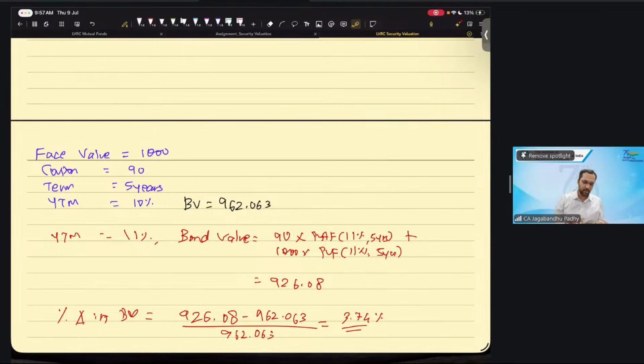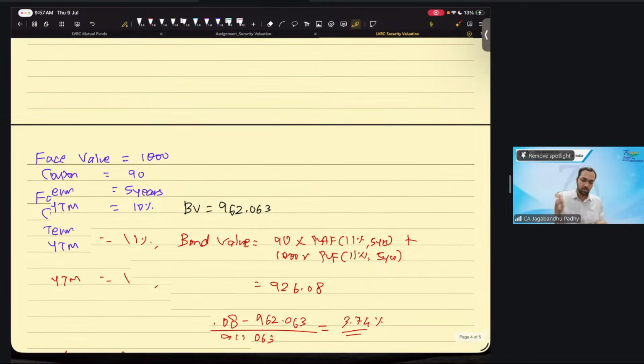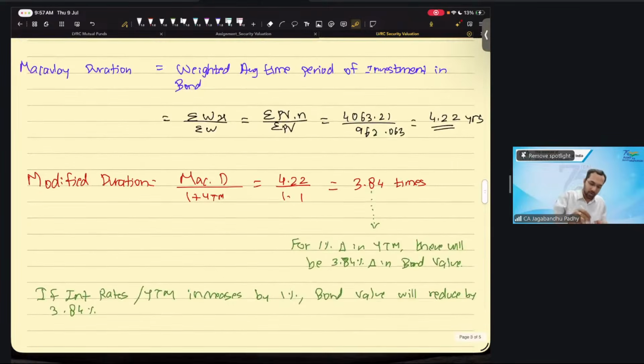And with this, I think we have covered the bond market revision, except one thing which is the bond immunization. Okay, so as we said, modified duration was helpful for us to understand the sensitivity of bond value with respect to the YTM. Macaulay duration was the weighted average. This Macaulay duration is going to be used to create a portfolio of bonds which is immune to any changes in interest rate.